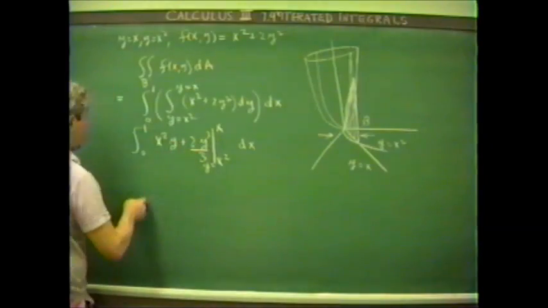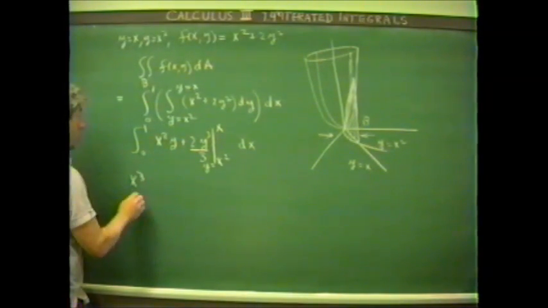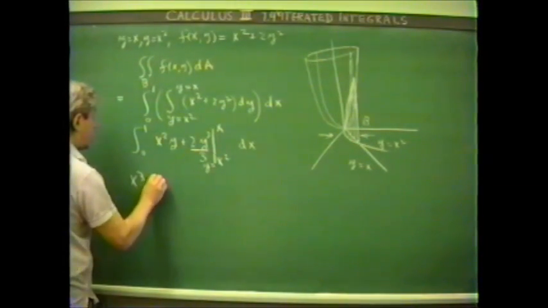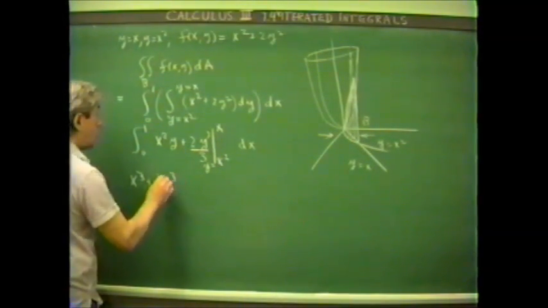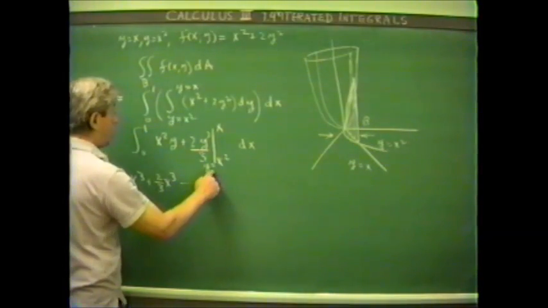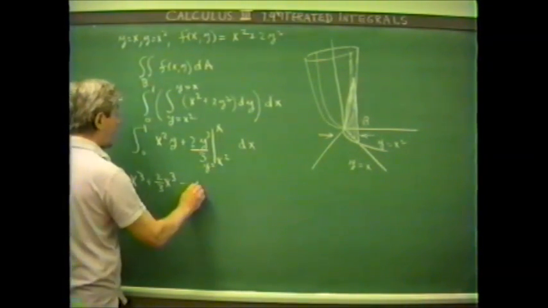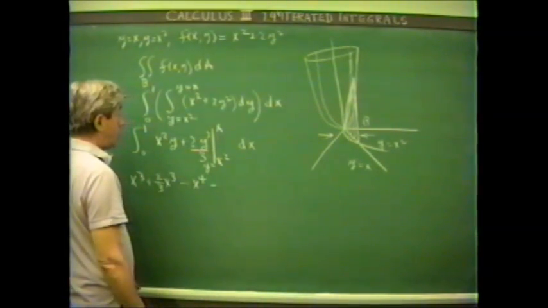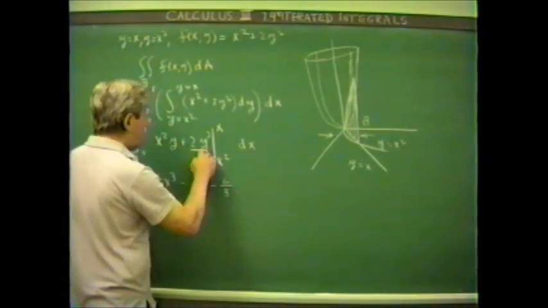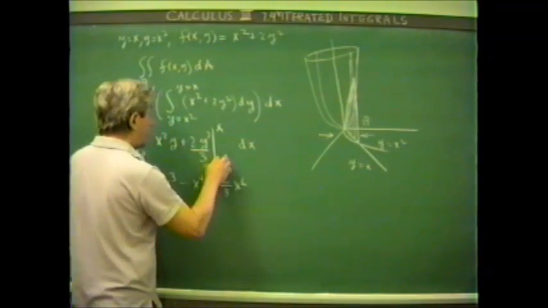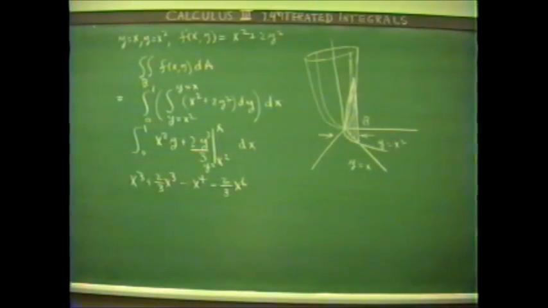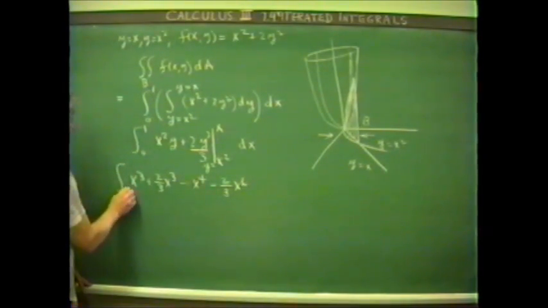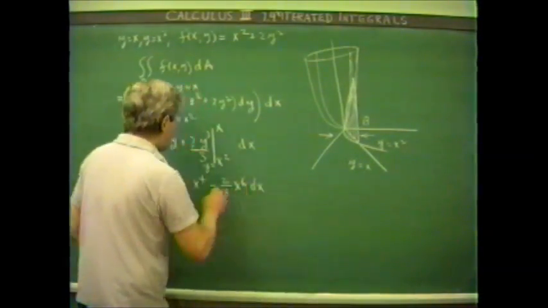So if we put x in here, we get x cubed, putting x in for y, plus 2/3 x cubed, minus the value at y equals x squared, that's x to the 4th, and then minus here 2/3 times x to the 6th. x squared goes in here for y cubed, and we end up with x to the 6th. We want then to integrate this from 0 to 1 with respect to x.